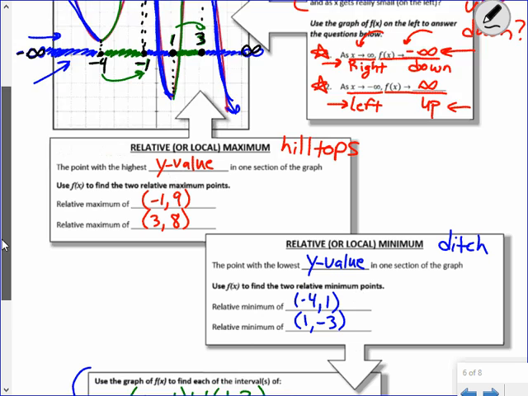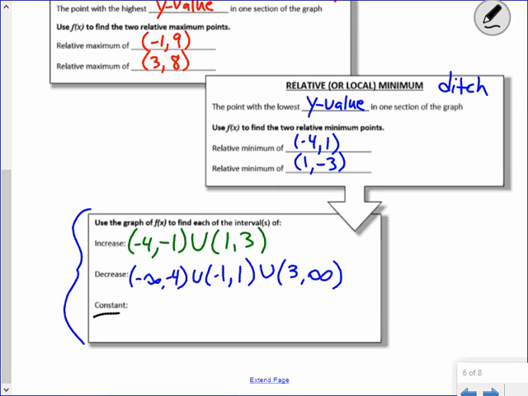And then I also very briefly am going to bring in the idea of a constant interval. That's if your graph were flat, like a plateau, neither going up or down, that would be a constant interval. This picture that we have in front of us does not have one. An illustration of that would look like this. You got something like this.